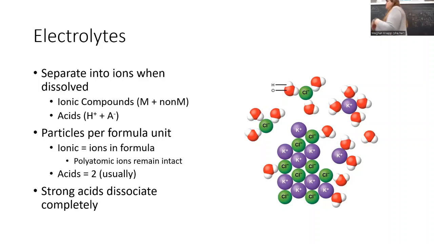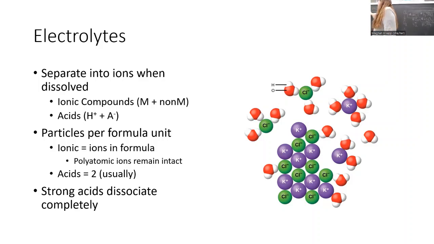We are going to be very interested in this chapter, particularly when we get to the end of the chapter, where we are talking about colligative properties and how many particles are forming. So particles per formula unit. For our ionic compounds, we talked about this on Monday, it's the number of ions that it's going to separate into.